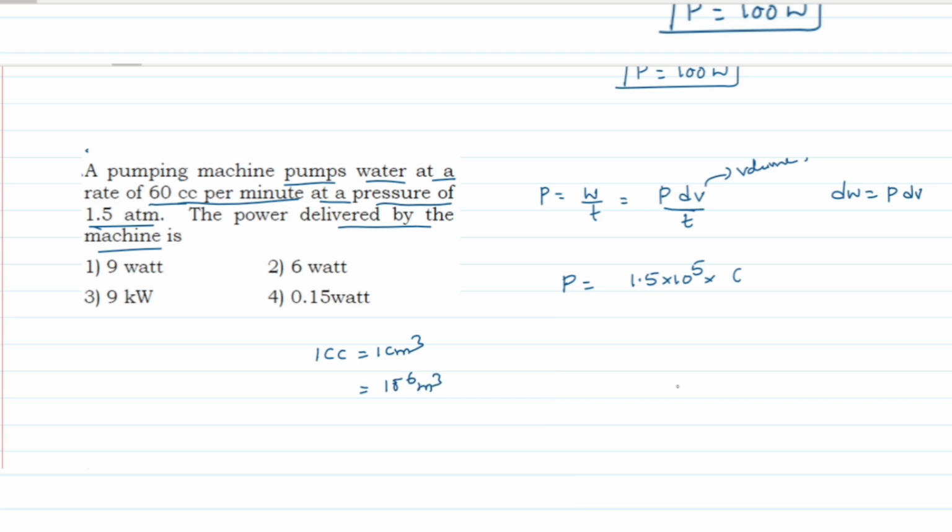So the volume given as 60 cc, you have to convert into 10 power minus 6 meter cube, and per minute they are asking, so you have to convert into 60 seconds. So here you have to cancel, this is 10 power 5 and here it becomes 10 power minus 1, and here 1.5 into 10 power minus 1, so nearly you will be getting 0.15 watts.